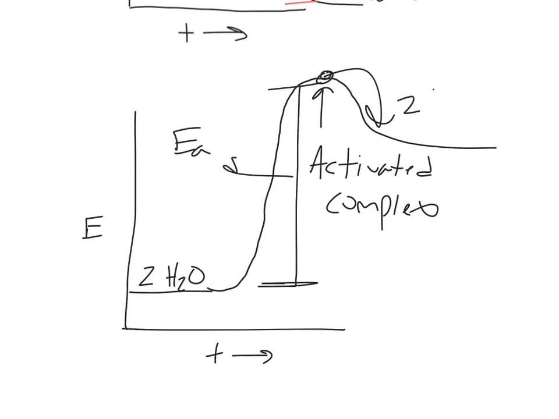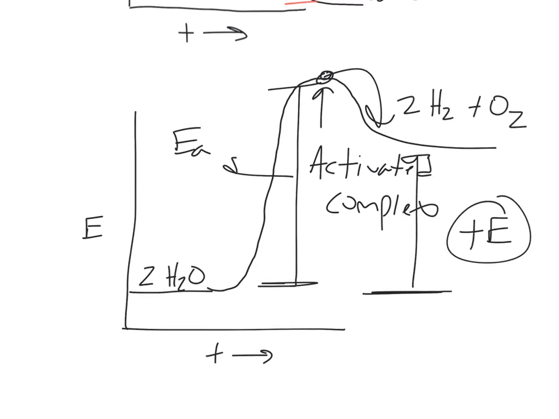The products are 2 H2 and 1 O2. Those are the 3 molecules I was referring to before. But this reaction starts out at this energy and ends at a higher energy, so there must have been an overall energy input, which, as I mentioned before, is an endothermic reaction.